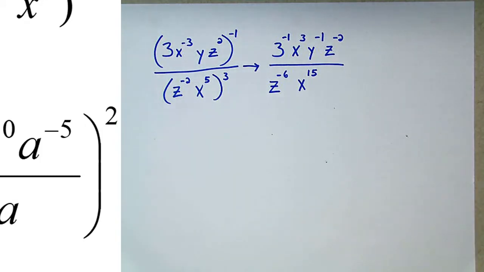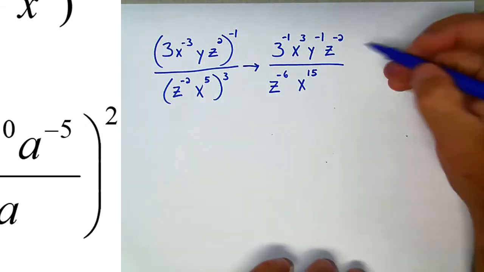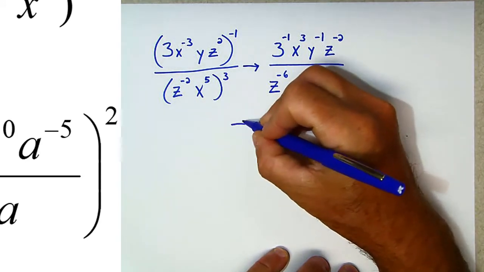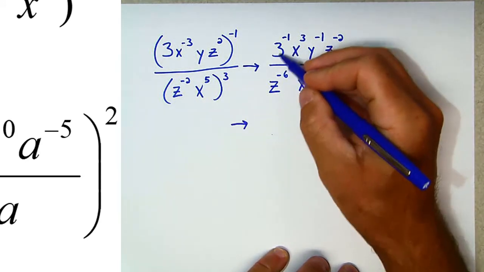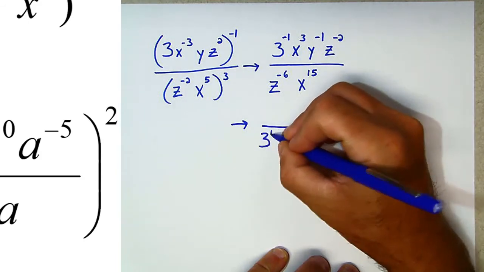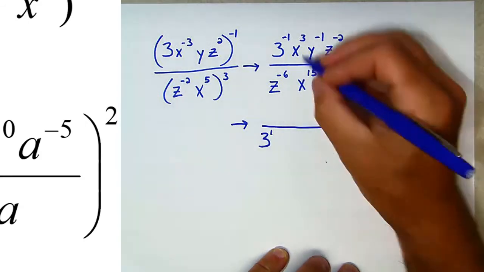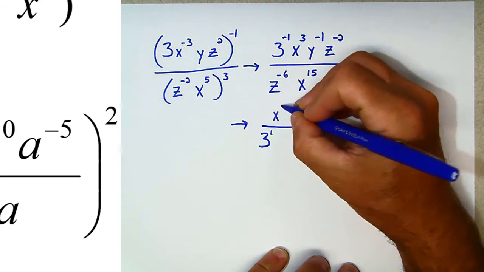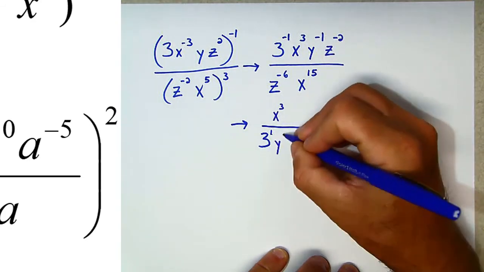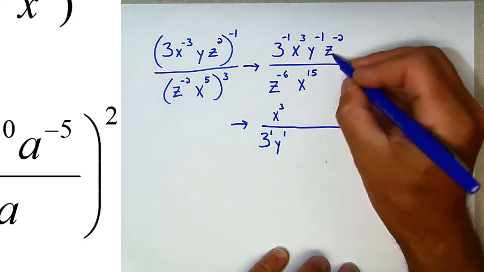Okay, now we don't have any parentheses left. Now, any of the negative exponents we'll make positive by moving them to the other half of the fraction. So 3 to the -1, we're going to drop that down to the denominator and make it 3 to the +1, which we'll simplify in a minute. That x to the 3rd can stay on top. Y to the -1, we'll send that down and make it y to the +1.